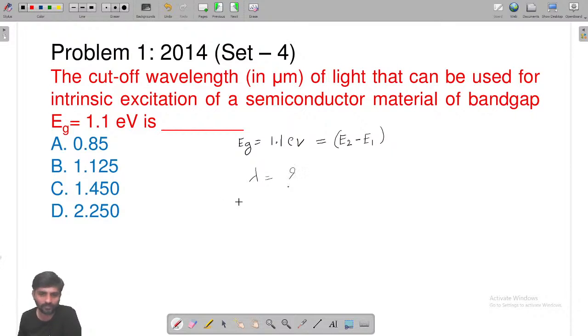So simply substitute the formula. Lambda is equal to, since it is asking in micrometers, 1.24 by 1.1. Simply you will get the answer, something like 1.125. So the answer is B.